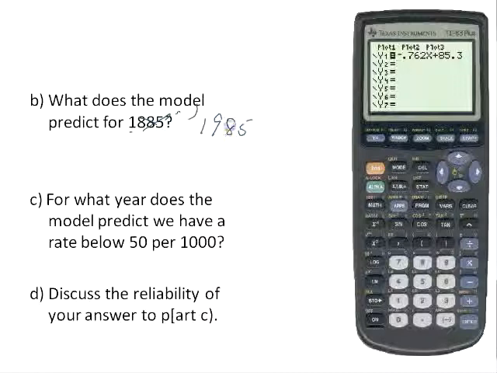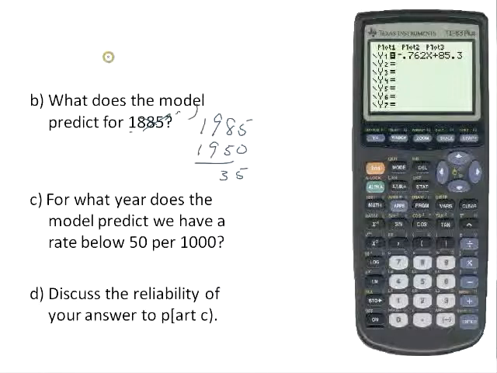Now 1985 is how many years after 1950? If I subtract the 1950 from here, I get 35 years. So for this part of the problem, we want to take 35 years and put it into here.